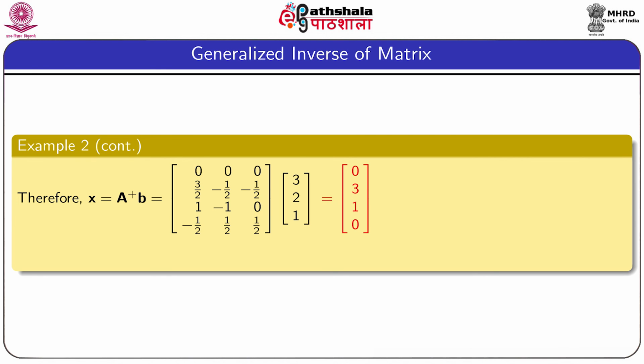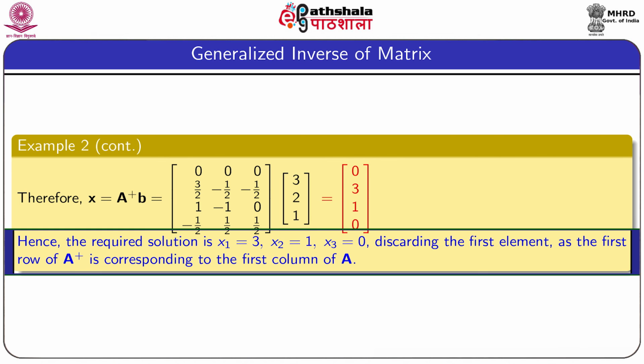And hence the solution of the given system of equations can be obtained by this formula x equal to A plus b, where first matrix is the Moore-Penrose inverse of the matrix A and second column matrix is the matrix b. After simplification, this column vector reduces to 0, 3, 1, 0.